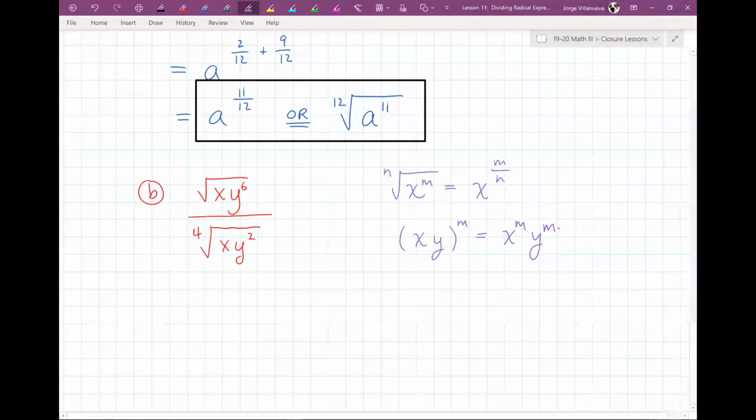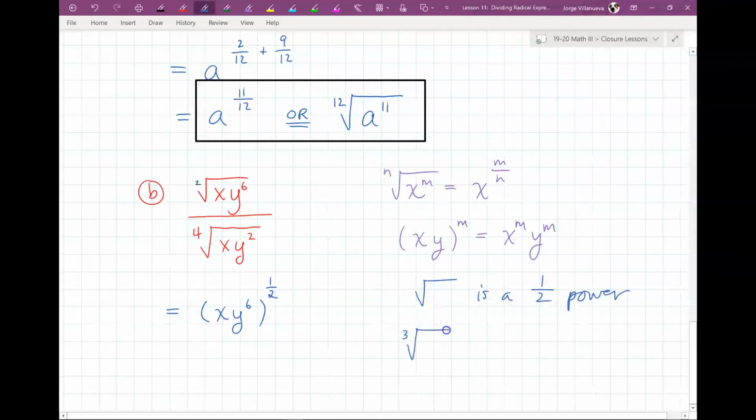Okay, so since this is an index of 2 here, okay, then I can rewrite this as follows. Xy to the 6th, okay, and then an index of 2, a square root is a half power. And I'm not sure if you guys knew this before, but a square root is a half power.